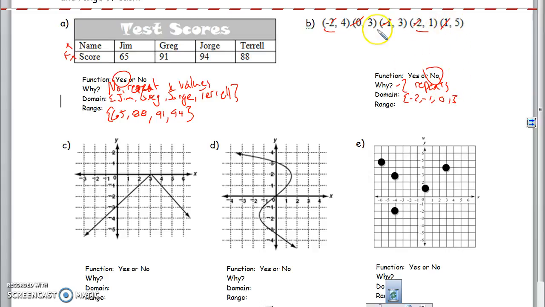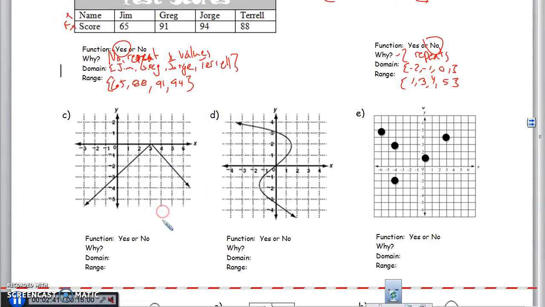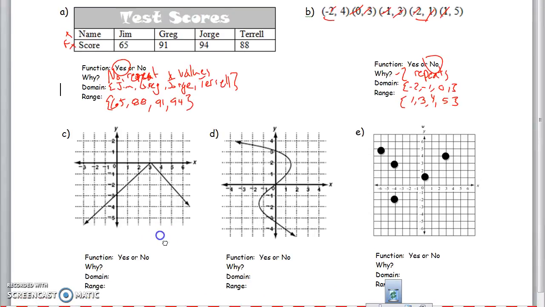No need to repeat. And then the range, least to greatest: 1, then 3, 4, and then 5. And that's it. Now, these are probably the hardest ones, because the domain and range can be a little tricky, but it's very simple to think about.